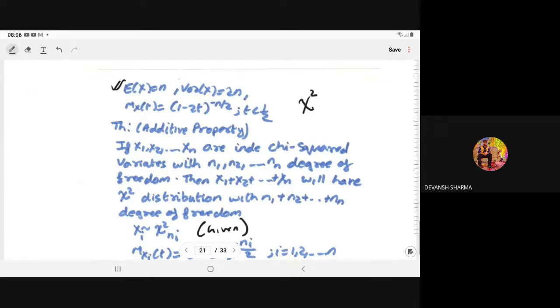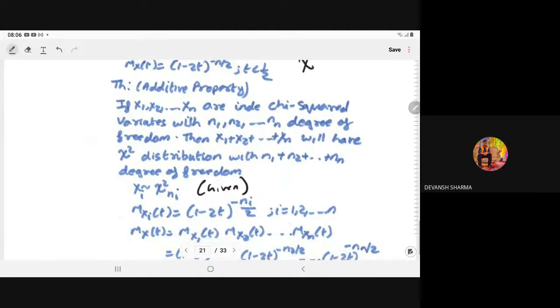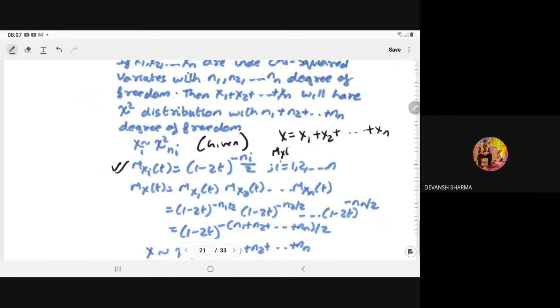We know that its moment generating function M_Xi(t) for the random variable xi is 1 minus 2t to power minus ni by 2, and i can be 1, 2, ..., n. If x1, x2, ..., xn are independent and their sum is x, that is, x is equal to x1 plus x2 plus ... plus xn, then the moment generating function for x is equal to the product of the moment generating functions of xi, with i varying from 1 to n.